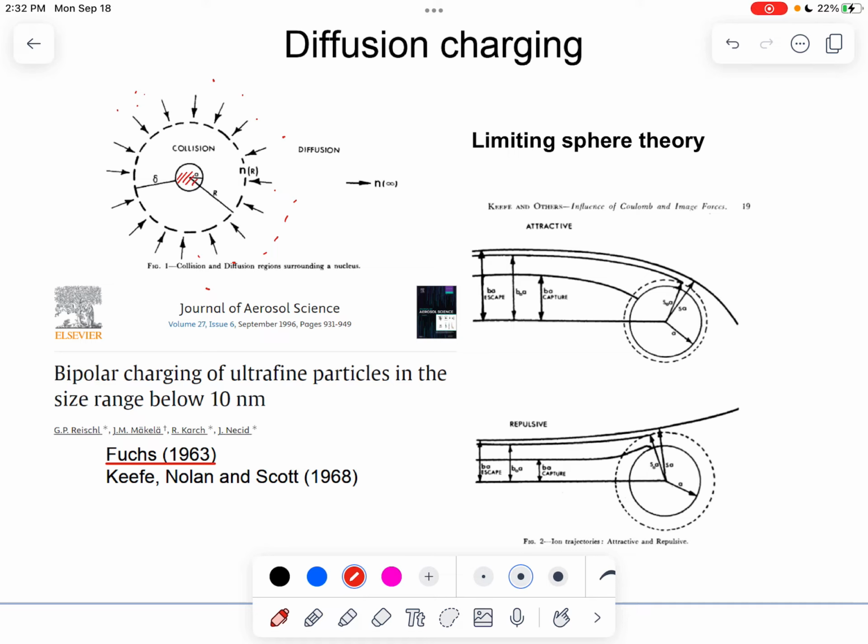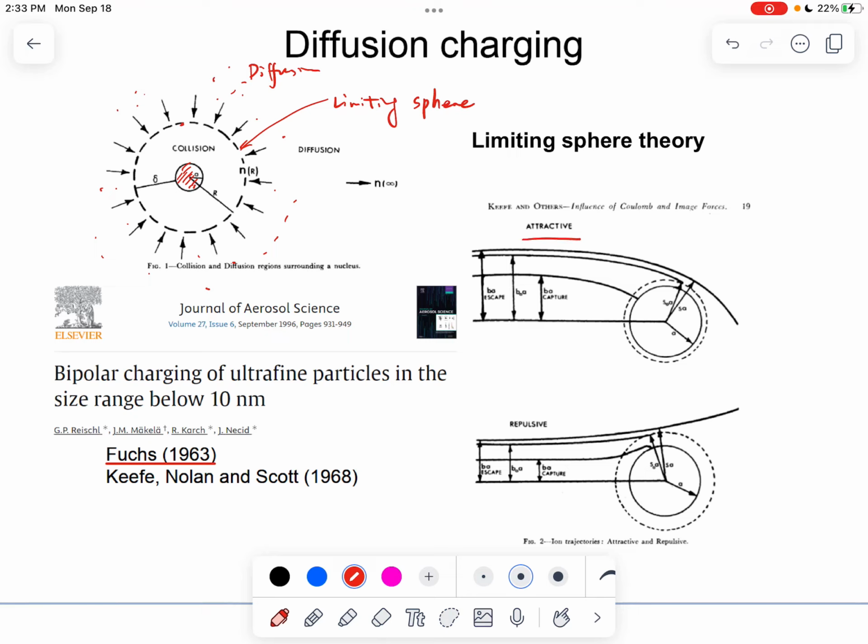We assume that there's an imaginary boundary surrounding the particle, and we call this sphere the limiting sphere. Outside the limiting sphere, the ions will just move by diffusion. Inside the sphere is going to be a case-by-case discussion of the particle trajectory.